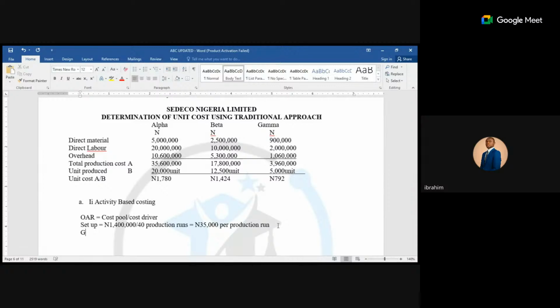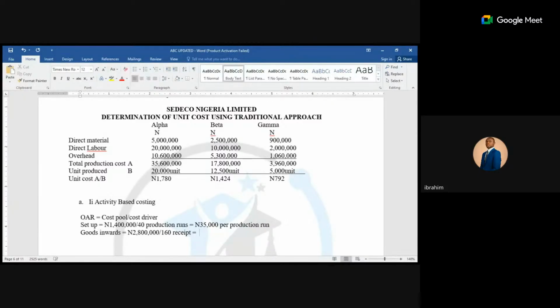So goods inward, 2,800,000 divided by 160 component receipts. Let's say receipt.